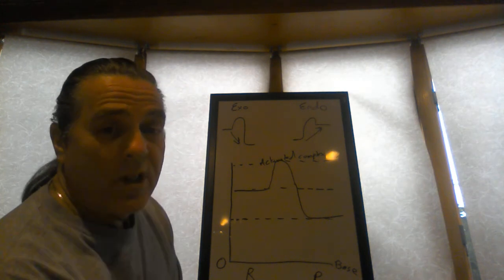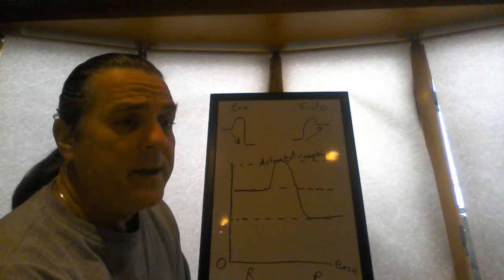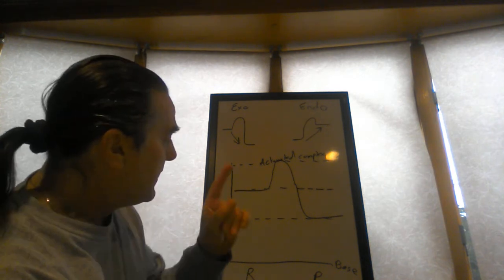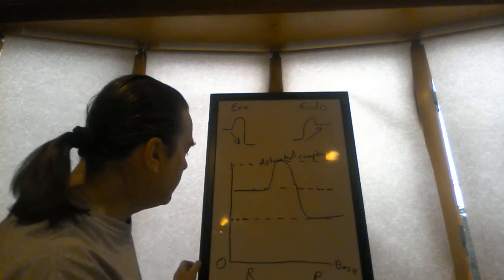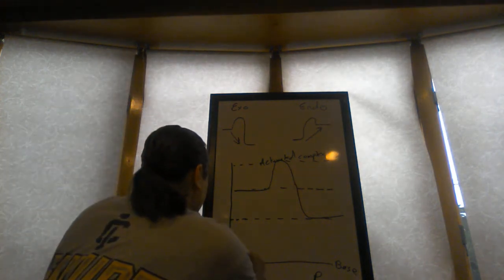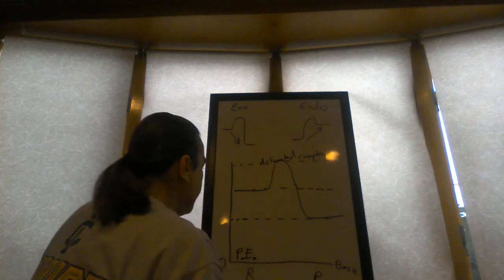And then there are 6 lines that we're going to label on here. And that's probably going to be the lesson for today. All right. The 6 lines. There are 3 lines that are going to touch the bottom. The lines that touch the bottom are going to be potential energy lines, PE. Right?